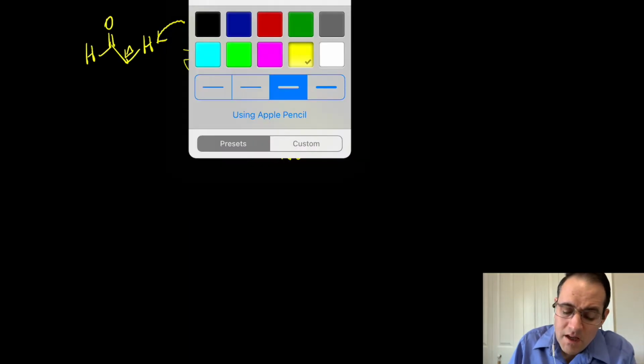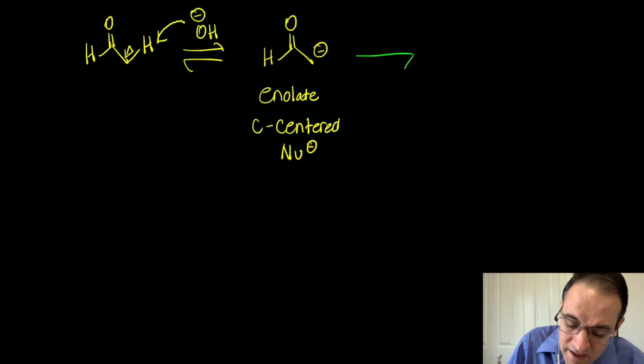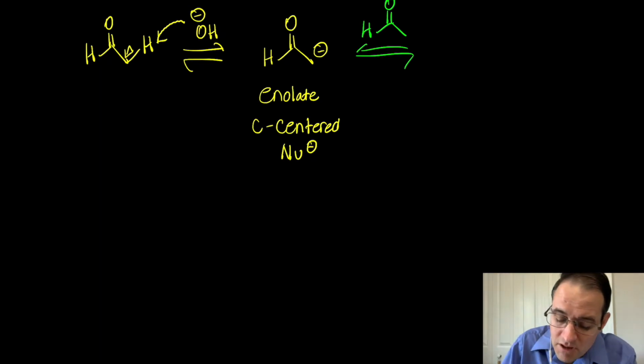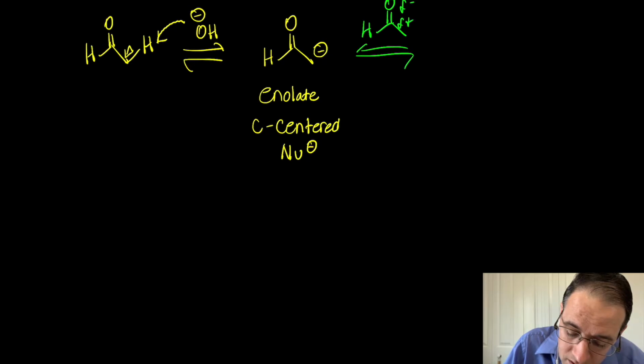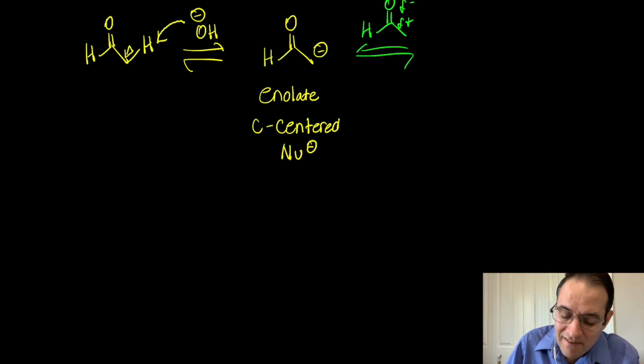If we line up another molecule of acetaldehyde next to it, you can see that acetaldehyde itself is an electrophile because of the electron deficient nature of the carbonyl. There's a delta plus on this carbon of the carbonyl. So what happens is the nucleophile is going to attack the electrophile.